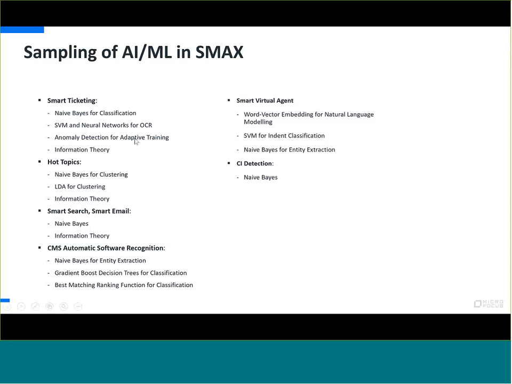Or even something like CI detection, where you have the ability to analyze text very quickly, detect something that looks like it may reference information that could be linked to a CI in the database, maybe by name or serial number, and then making that connection and detecting, yes, this is a CI, and providing that as a suggestion. That's made possible by AI and machine learning algorithms that we use behind the scenes.